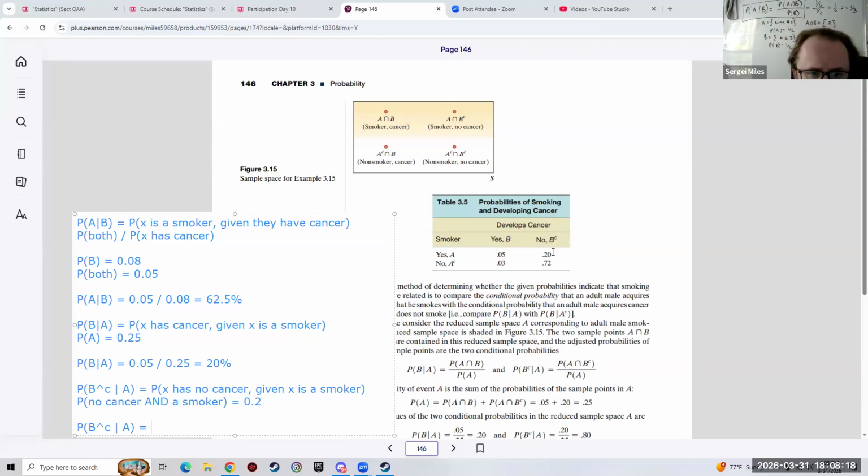All right. So that is my numerator for our formula for conditional probability. This is divided by the probability of A.